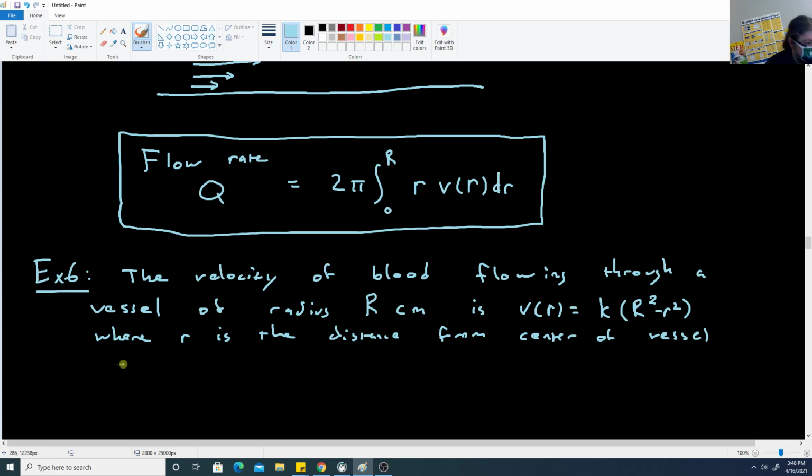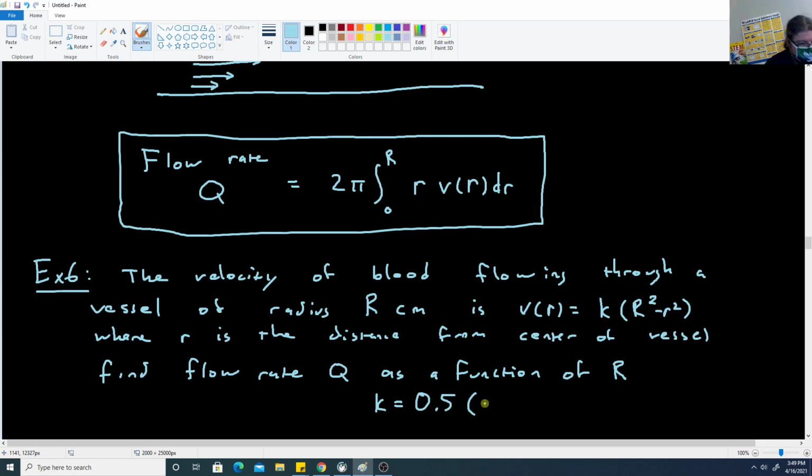In this problem, they want us to find the flow rate, which they'll say is Q, as a function of R. And they give us that k is equal to 0.5 per centimeter second.